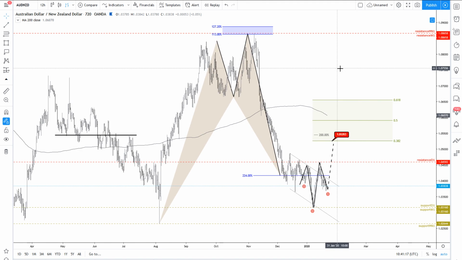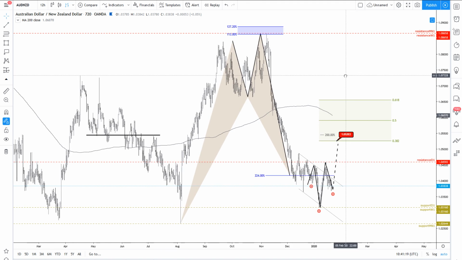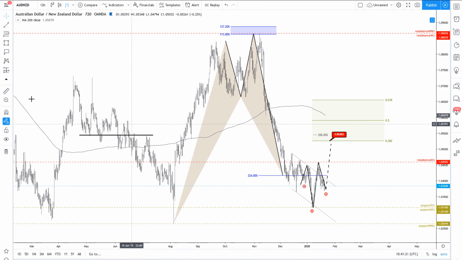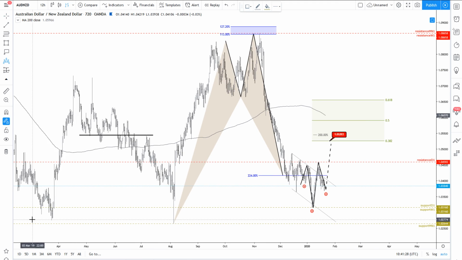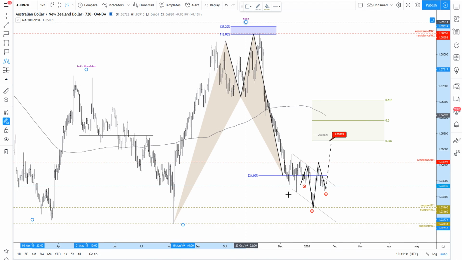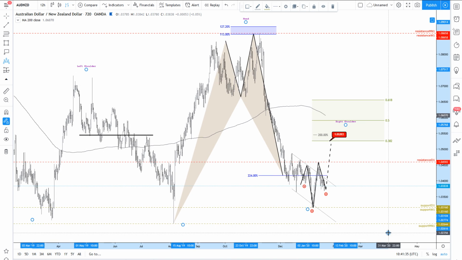But let's not ignore also taking this into a major perspective. Eventually one head and shoulders here, with this neck zone ahead, the reinforcement of the neck, eventually a right shoulder, searching for the 200 moving average, eventually searching for the 38% fib. Well, let's wait and see.